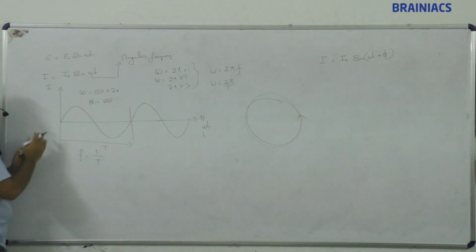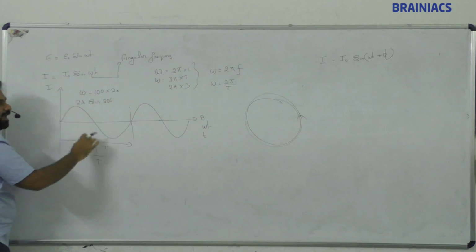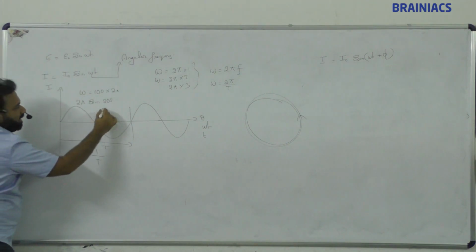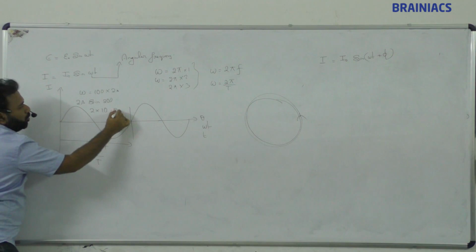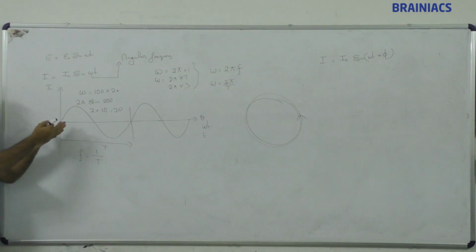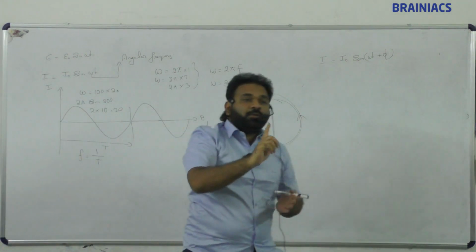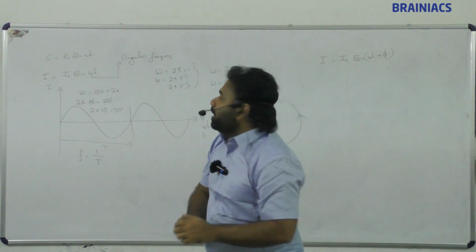Sine 200, I will get some value. So at time t is equal to 1 second, I got an instantaneous value of 3 ampere. At time t is equal to 3, I am getting the value of current. So for a particular instant, what is the value of current I will get from this?